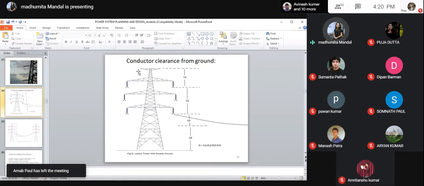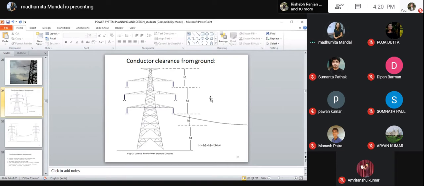So this earth wire runs above the topmost conductor. That means the earth wire is attached here and it will run along with this conductor from this point to the next tower. Now all of these six conductors are hanging freely between two adjacent towers.